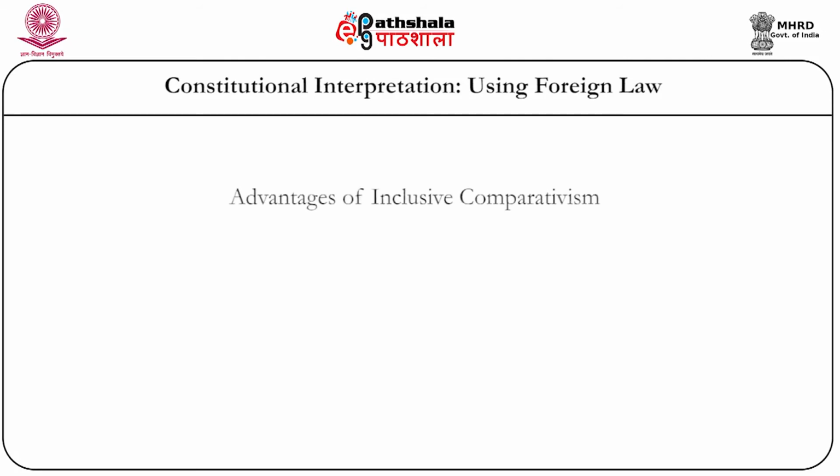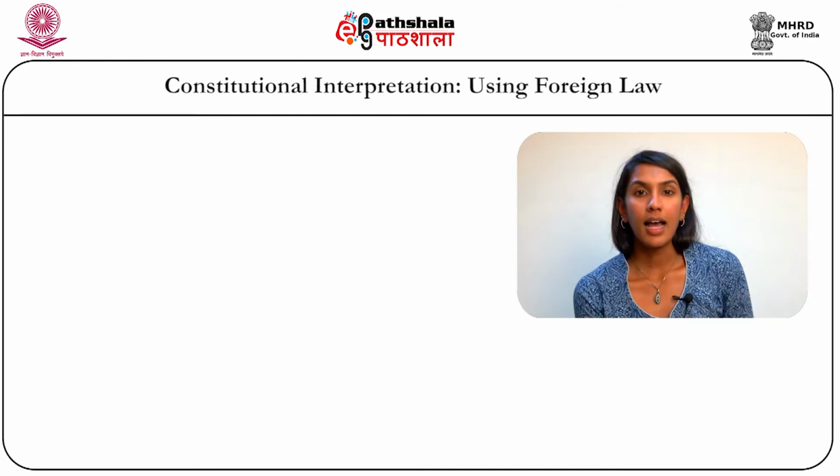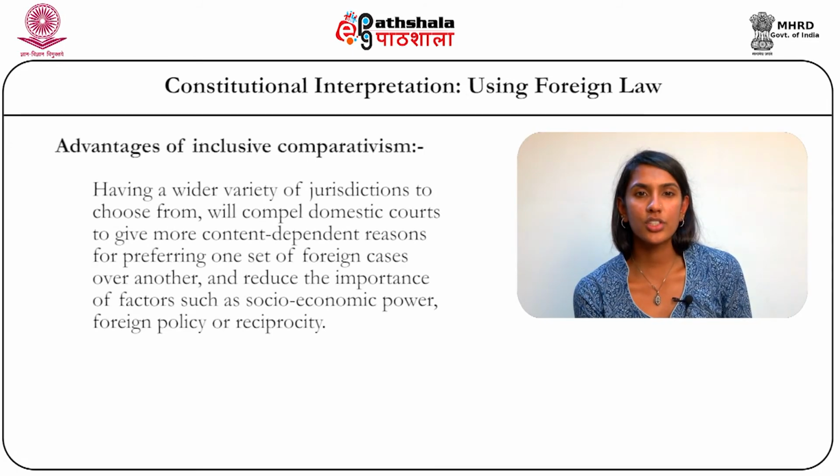What is the advantage of this inclusive comparativism? Having a wider variety of jurisdictions to choose from compels domestic courts to give more content-dependent reasons for preferring one set of foreign cases over another, and reduces the importance of factors such as socio-economic power, foreign policy, or reciprocity.